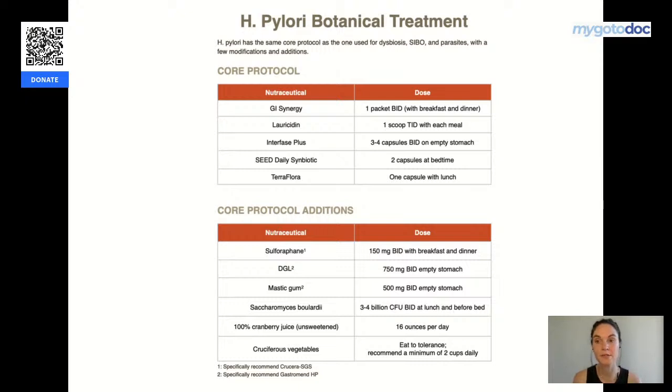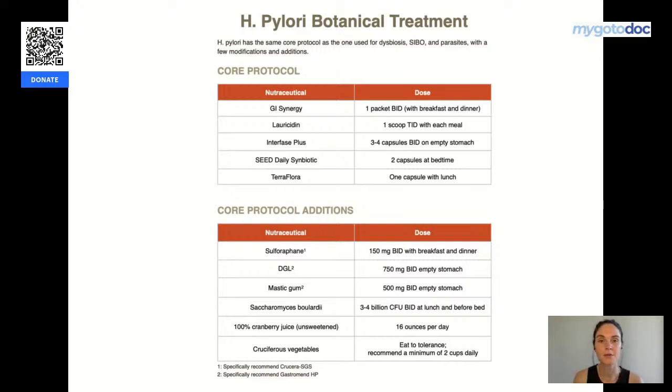We don't want to totally eradicate it, but reduce it to normal levels with something like this kind of protocol, which includes things like licorice, which really supports the mucosal membrane of the gut, mastic gum, which is kind of a tree sap that's known to kill H. pylori, cruciferous vegetables, interphase plus, which is a biofilm disruptor, probiotics, lauricidin, which is also really great for yeast.